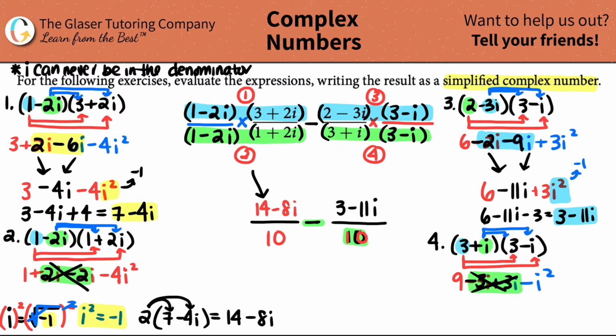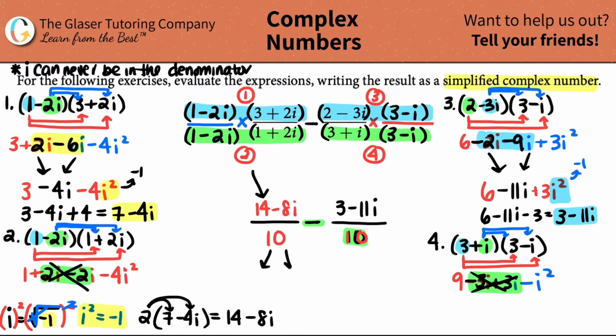Now I'm going to break it up into its different components. I want to make these fractions into their real and imaginary components. So remember, if you have multiple things in the numerator, all being divided by a denominator, you can break these fractions up. So the first thing I'm going to do is 14 divided by 10, right?